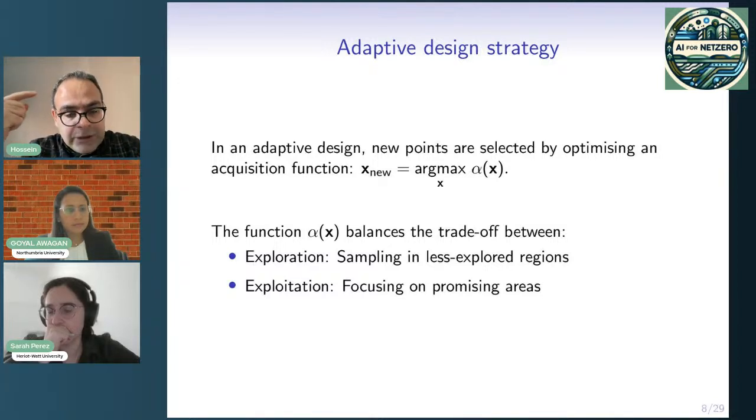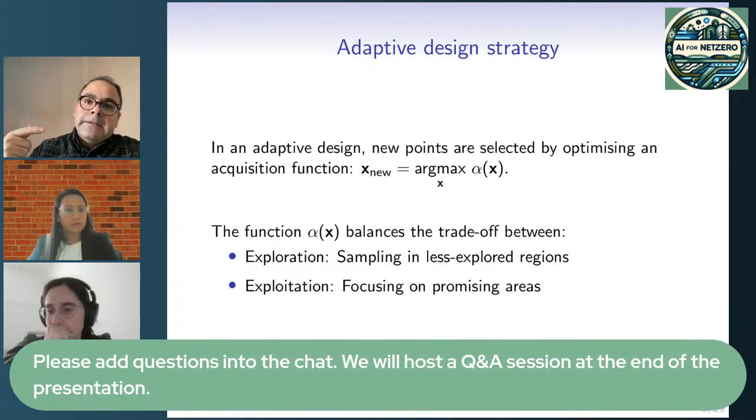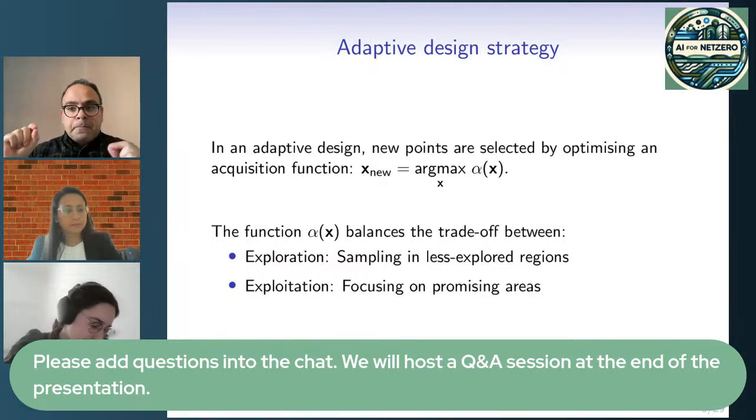Exploration means sampling in regions that we have not discovered yet, for example, areas where we don't have any sample that represents the underlying function.